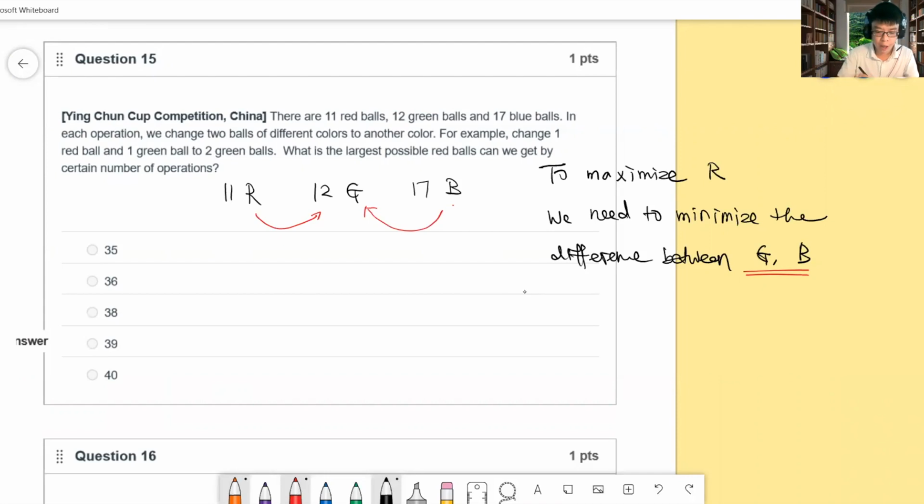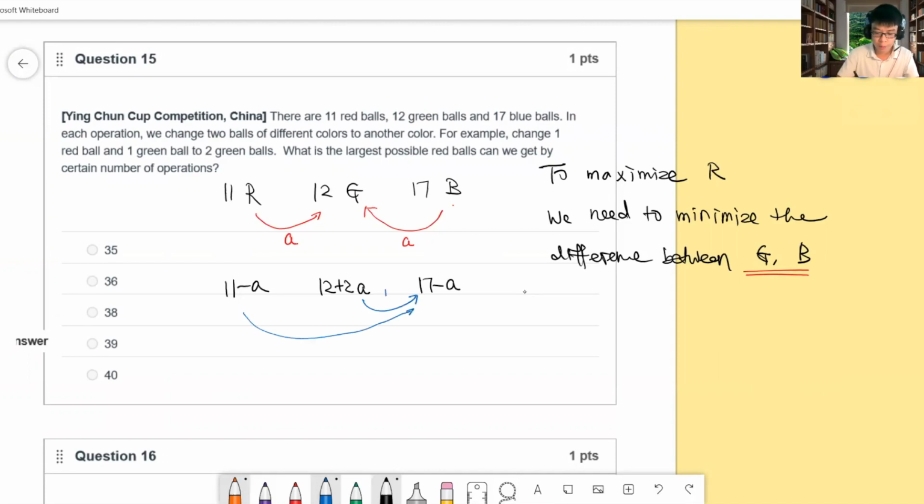Now suppose I have A operations. In each operation, one red ball and one blue ball change to a green ball. So after that, we have the following numbers. For red balls, we have 11 minus A. For green balls, I have 12 plus 2A. For blue balls, I have 7 minus A. And next, I may have some operations where I change red and green into blue.